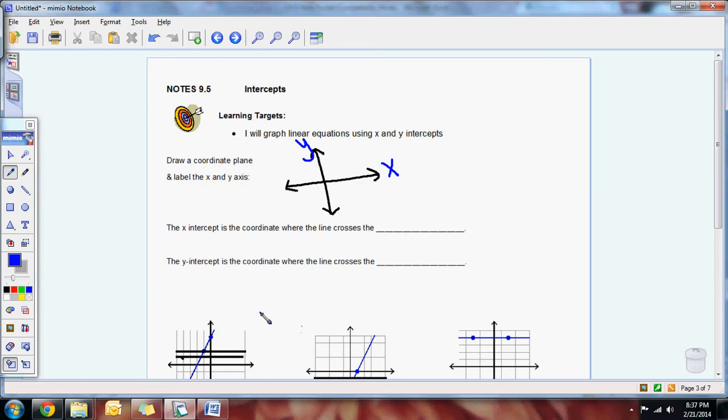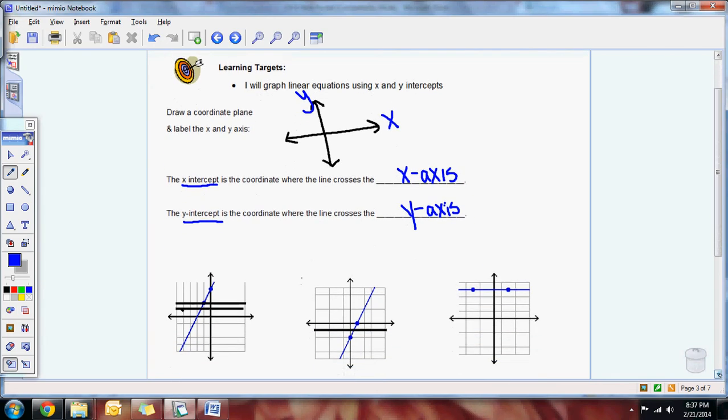So today when we're talking about the x-intercept, that's going to be where our line that we draw crosses this x-axis. So no tricks, no gimmicks. X-intercept crosses the x-axis. So then if we're talking about the y-intercept, that's going to be where it crosses the y-axis. Alright, so let me show you what that looks like.